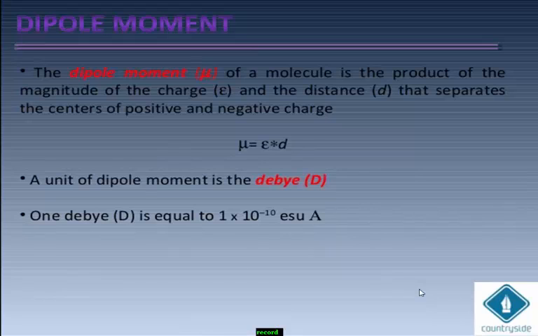Its unit is the Debye. It is measured in Debye, and 1 Debye equals 3.3356 times 10 to the power of minus 30 coulomb meter, or 1 times 10 to the power of minus 18 ESU centimeter.